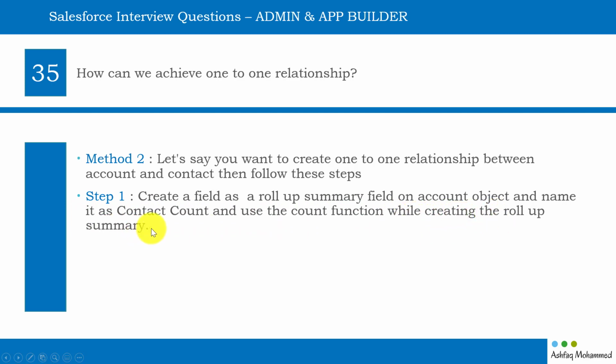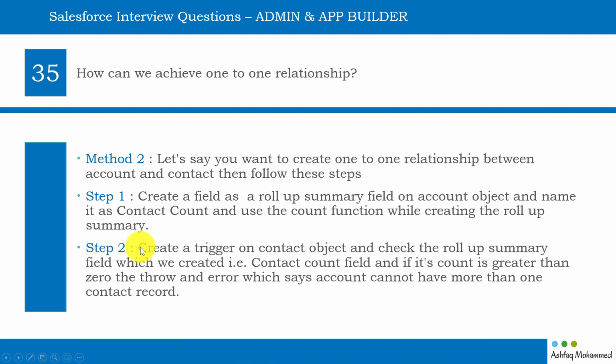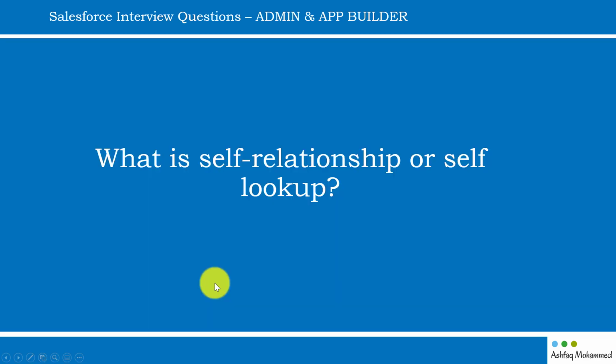Then create a trigger on the contact object and check the roll-up summary field we created, the contact count field. If count is greater than 0, throw an error which says an account cannot have more than one contact record. So you have both methods, whichever you want, just go ahead and try. If you have any better method, just add it in the comments.